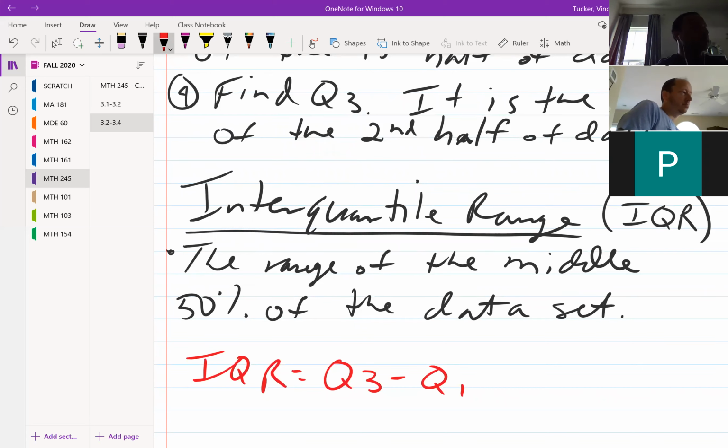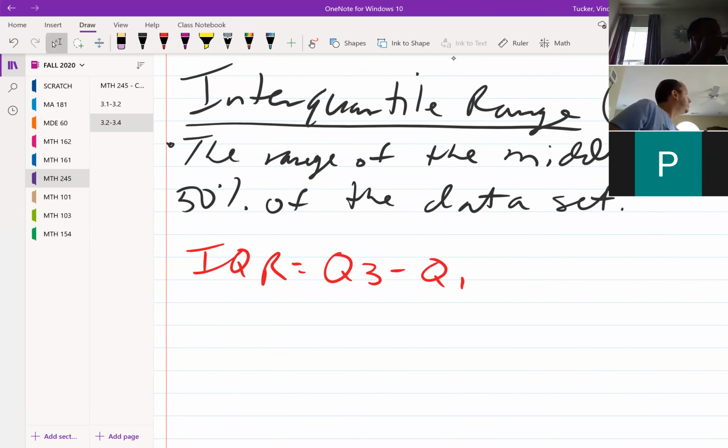Q3 minus Q1. Then the last thing, and we'll apply this stuff.